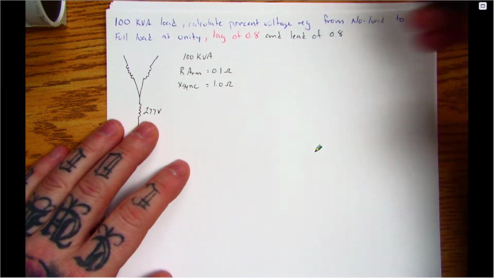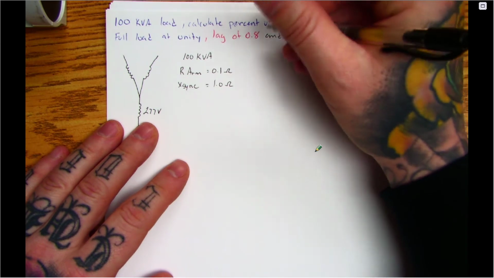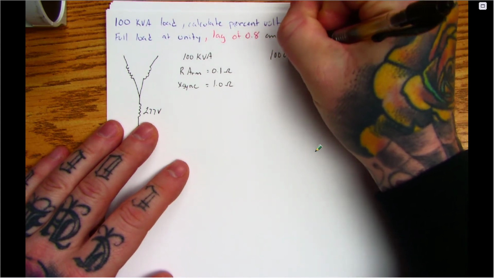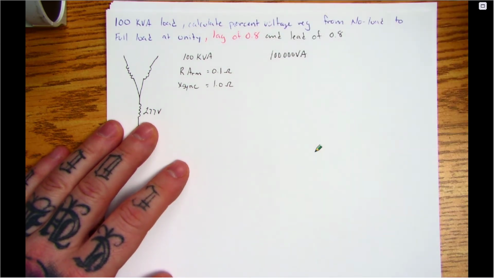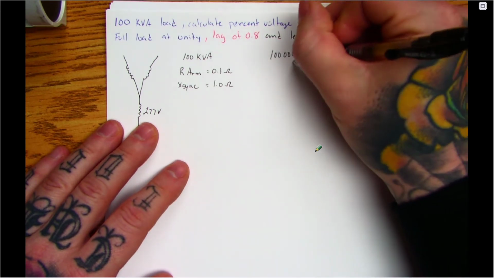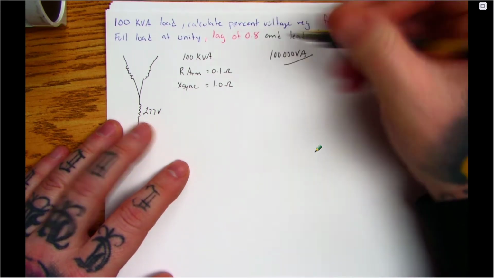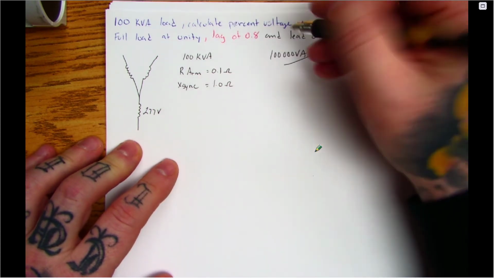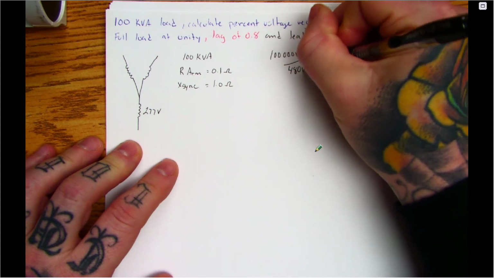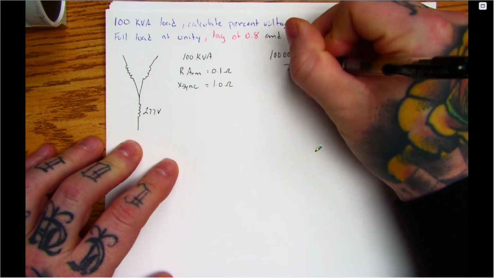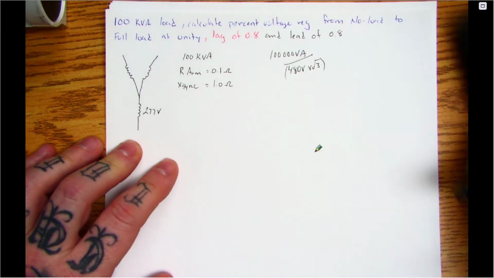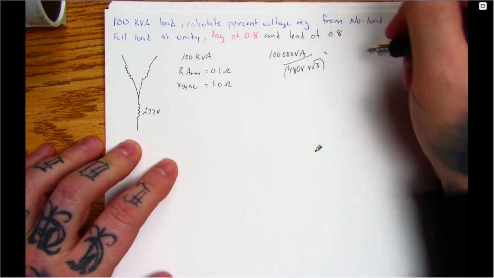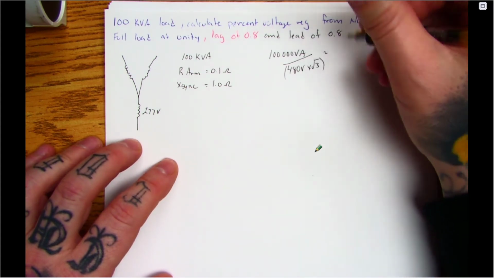I'm going to take my 100 kVA, so 100,000 VA, and find my line current for that. If it's 277 volts on a phase level, it's going to be 480 volts on a line, times root 3, because it's a 3-phase machine. So I find my current, and it should be 120.